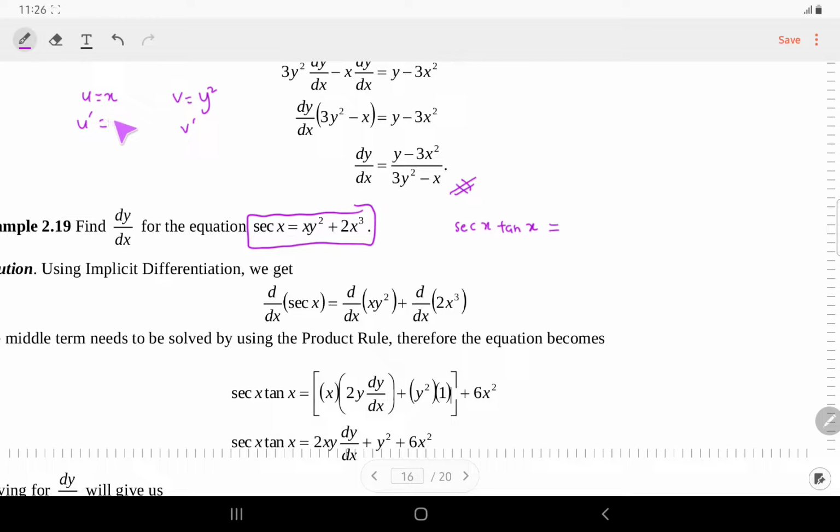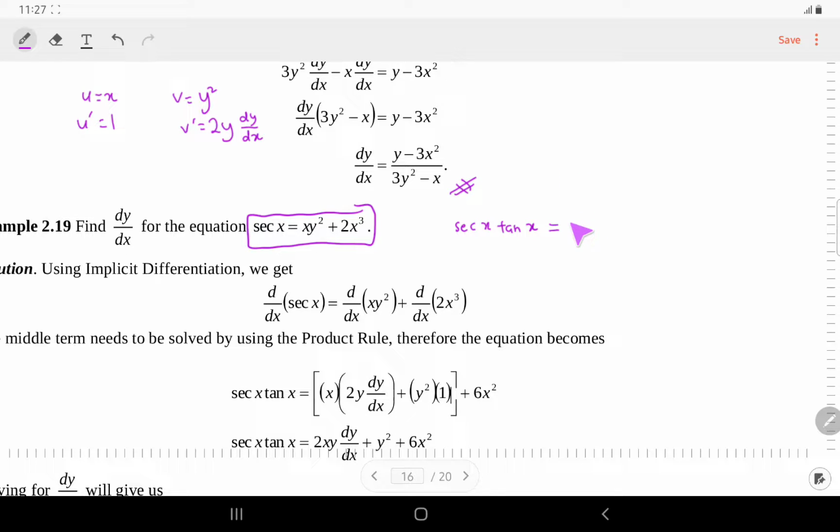Our u prime is 1 and our v prime is, differentiating y squared, 2y, and then we need to put dy over dx because we are differentiating the variable y. So insert it into the product rule.